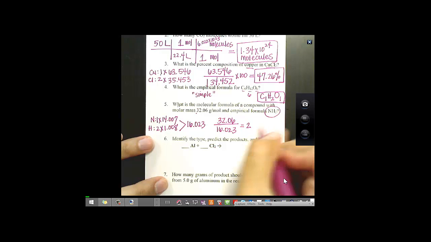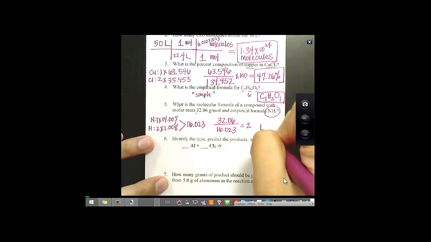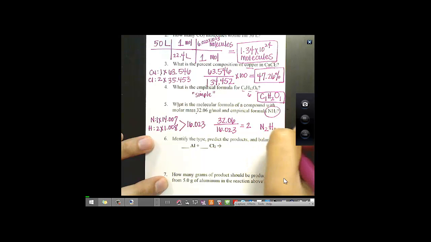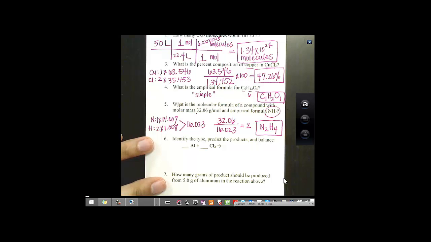So if there's only one N times 2, that's going to be N2. And if there's two H's times 2, that's H4. So it's a little bit more work to go from the simple to the not simple molecular formula.